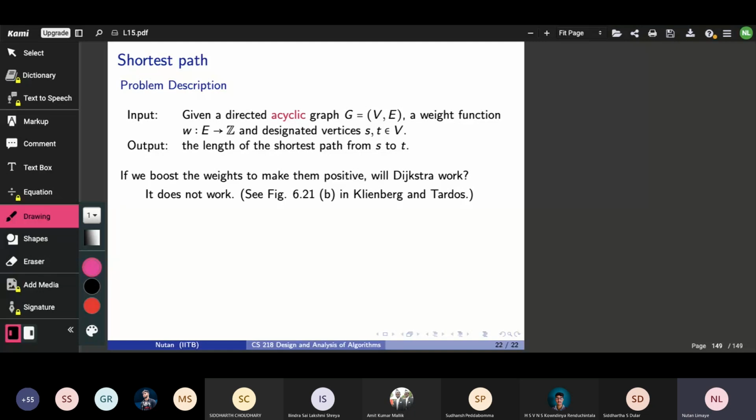So take for instance the following graph. Suppose in order to make all the weights non-negative, I added an offset of 3 to each.